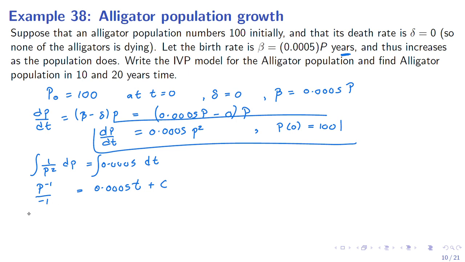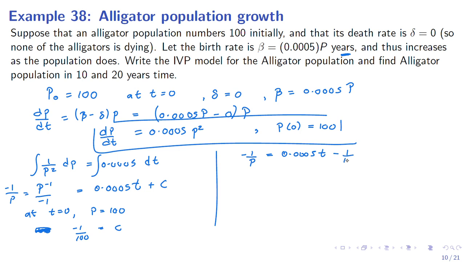Let me write it as minus 1 over P. We know at t equals 0, P is 100. We can use that to get the c, so minus 1 over 100 equals c, because I have applied t equals 0. That gives us minus 1 over P equals 0.0005 t minus 1 over 100.